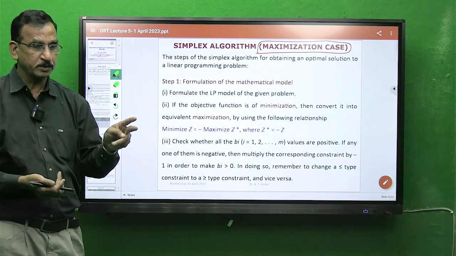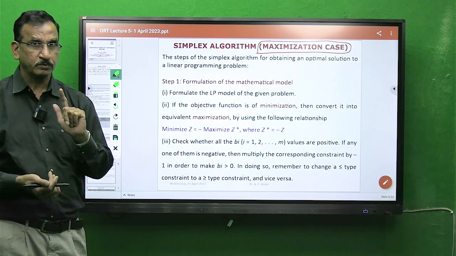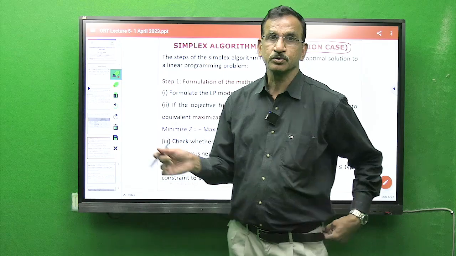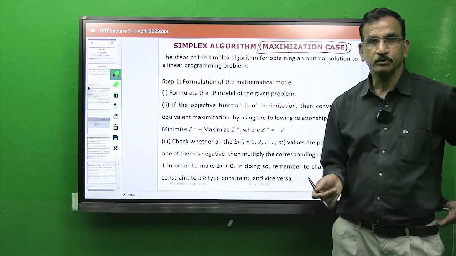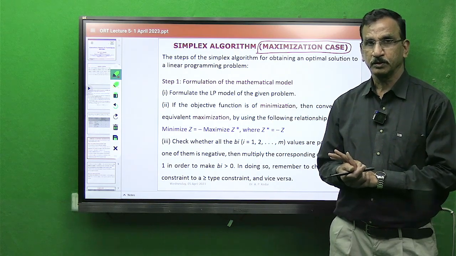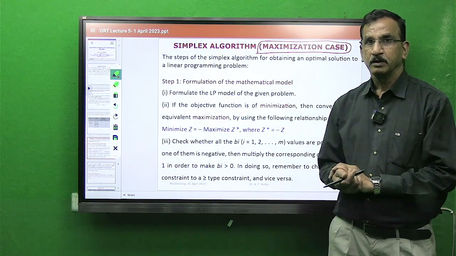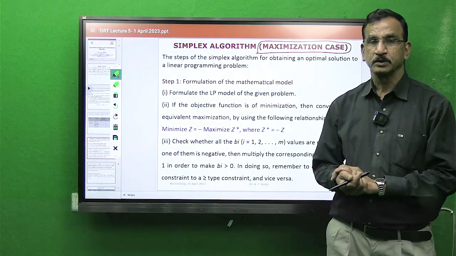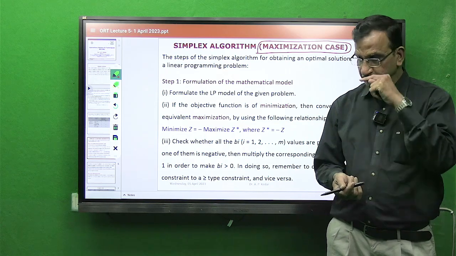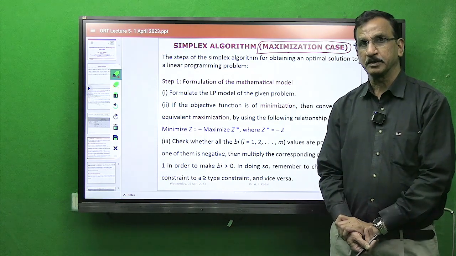How to convert minimize to maximize, that we have seen. One more condition, if you forget: the right side of the equation, that is the resource value, the constant right side value has to be positive, non-negative. If it is negative, multiply the entire equation by minus sign. Do not forget to change the inequality sign. While multiplying, if it is less than or equal to, you have to convert it into greater than or equal to, and vice versa.